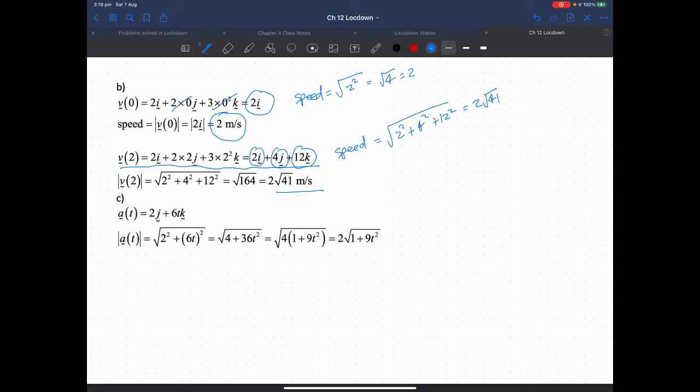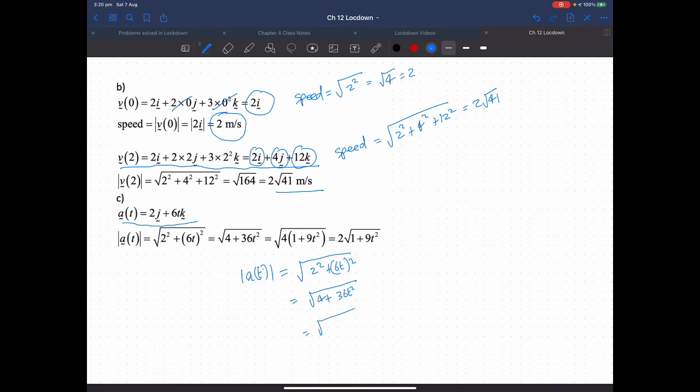Part C of the question asks me to find the magnitude of the acceleration. In part A, we found the formula for acceleration, 2j plus 6tk. So finding the magnitude of that is just like when we found speed. We have 2 squared plus 6t all squared, which gives me 2 squared is 4, 6t all squared is 36t squared.